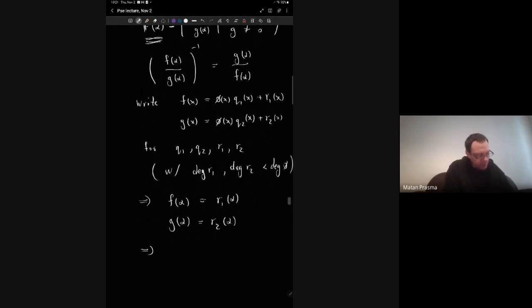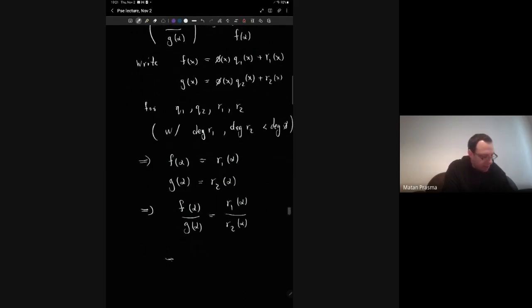This means that f of alpha modulo g of alpha is simply r1 alpha modulo r2 alpha, or in other words, this is r1 alpha times r2 alpha to the power minus 1.